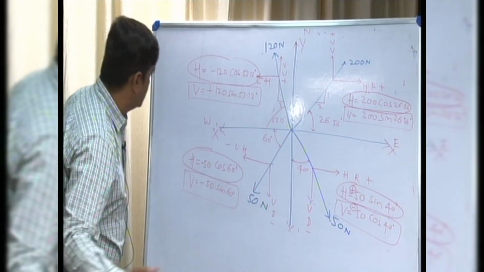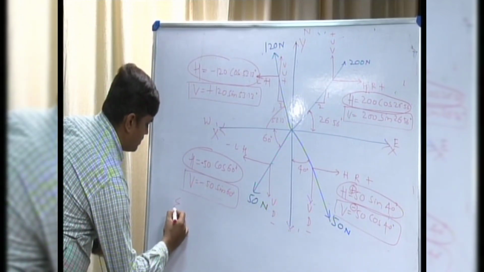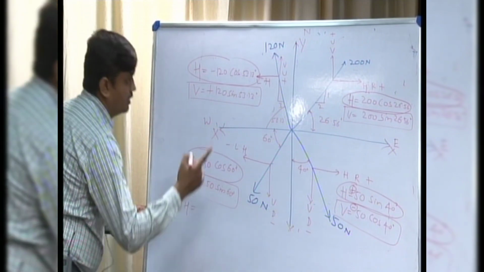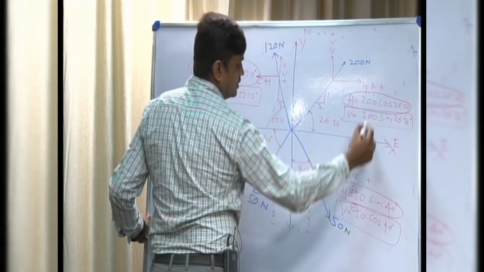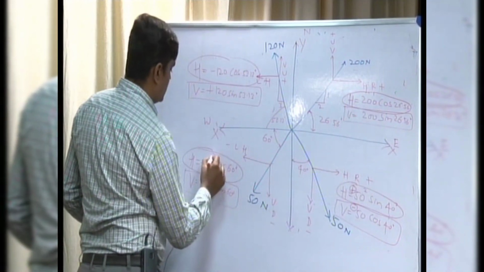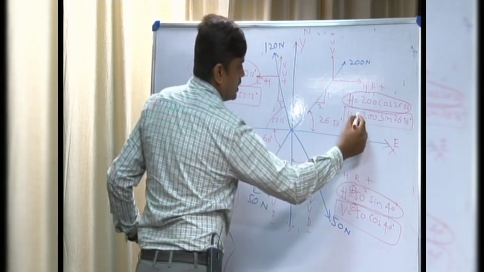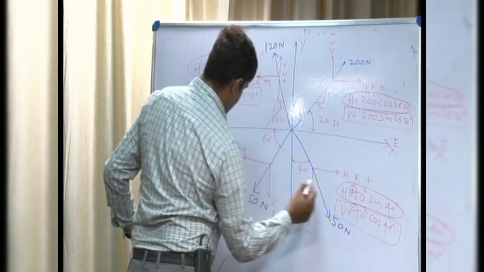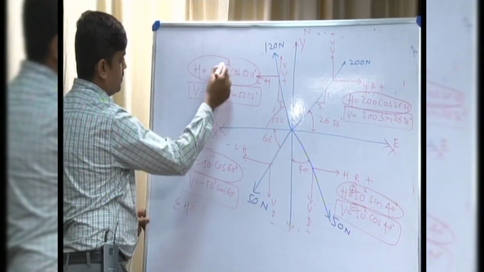We will write the sigma H from the first quadrant, that is 1, 2, 3, 4, and vertical components 1, 2, 3, 4.